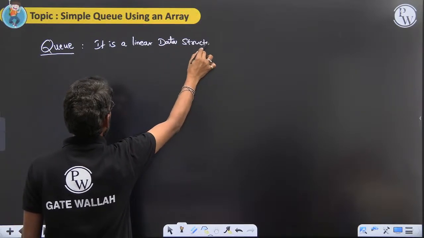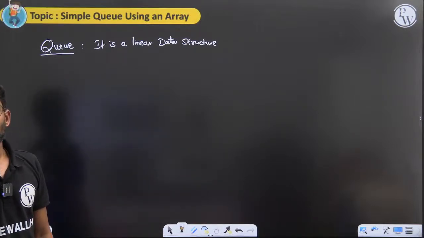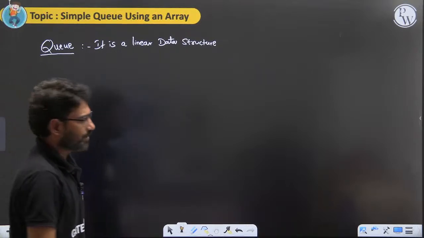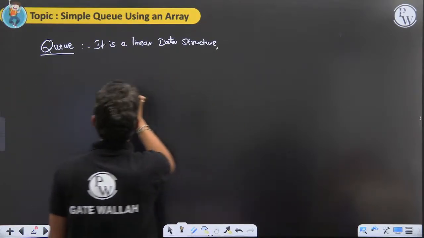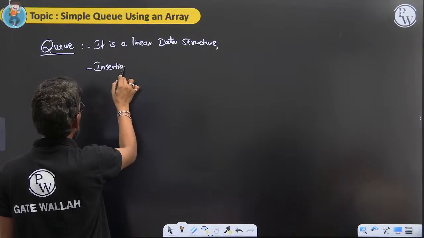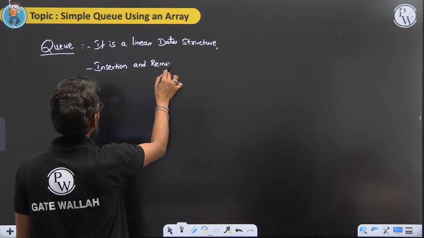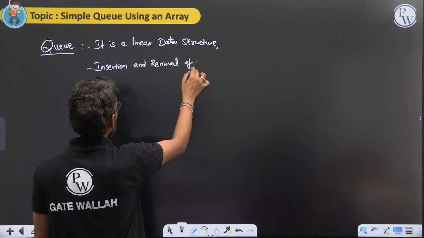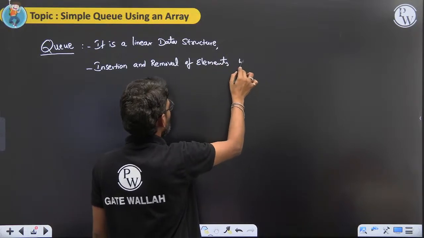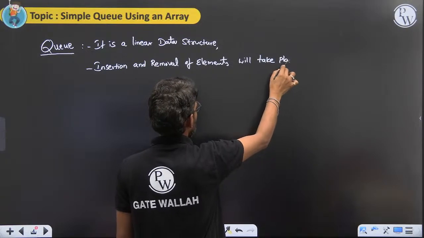It is one of the linear data structures, and in this linear data structure, insertion and removal of elements will take place from different ends.